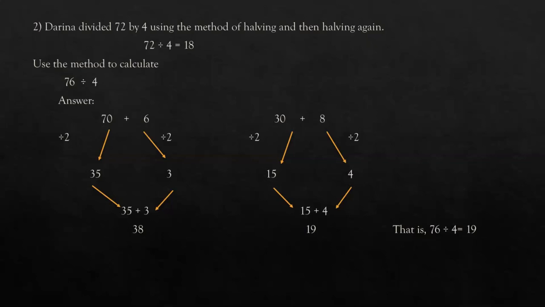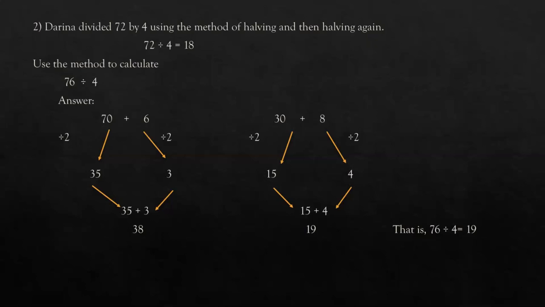Okay. So what is the first step? Just split up the number 76 as 70 plus 6, a rounded number plus the number needed to make it 76. After that, the 76 is going to be divided by 4. So I just split the number 4 into equal halves, by dividing by 2 as well as dividing by 2, and I put those divided by 2 on both sides, that is one below 70 and one below 6.